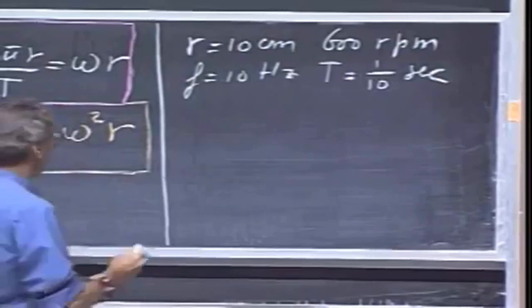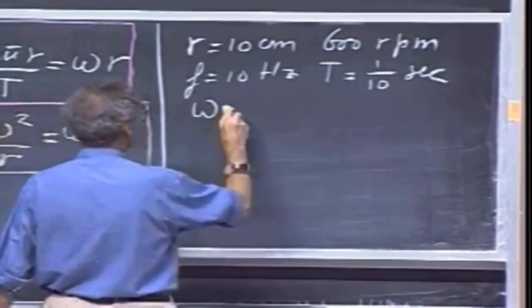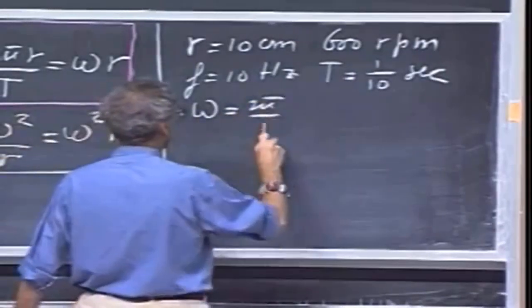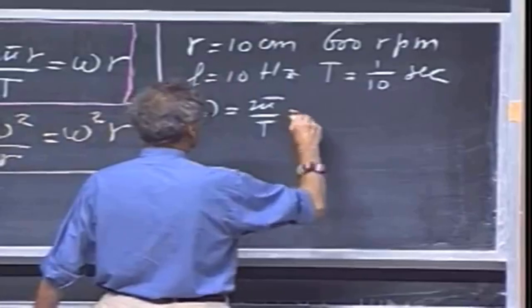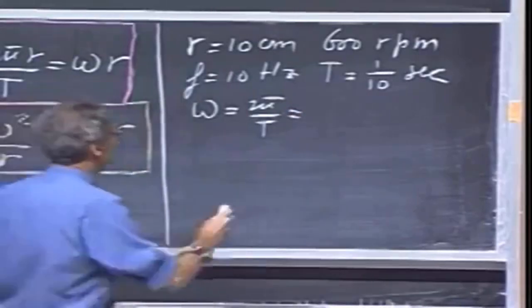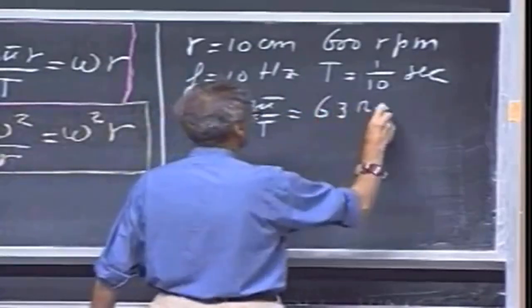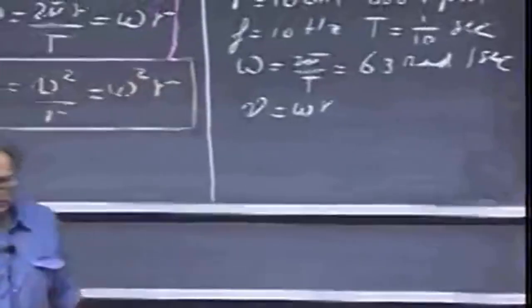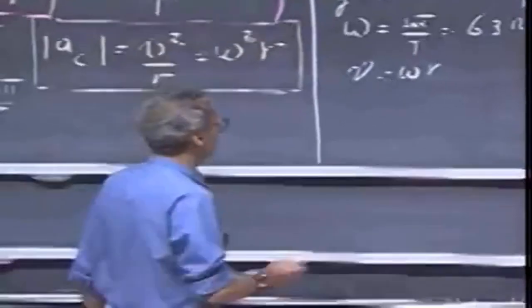So omega, the angular velocity, which is 2 pi divided by T, is approximately 63 radians per second, and the speed v equals omega r is then roughly 6.3 meters per second.